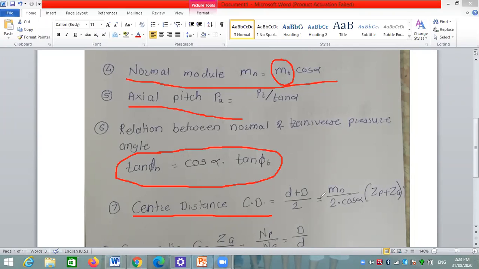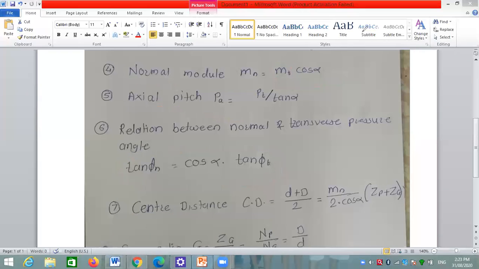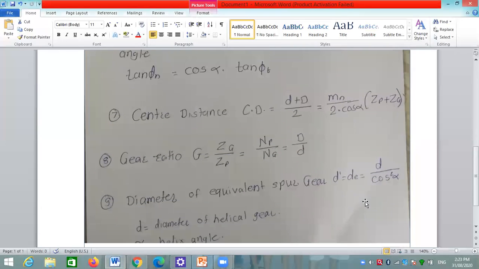If we represent it in terms of the normal module, then center distance is equal to normal module divided by 2 into cos of alpha into Zp plus Zg. Zp is the number of teeth on the pinion, and Zg is the number of teeth on the gear. This is the formula for center distance between two gears.